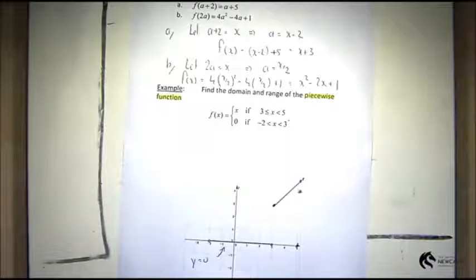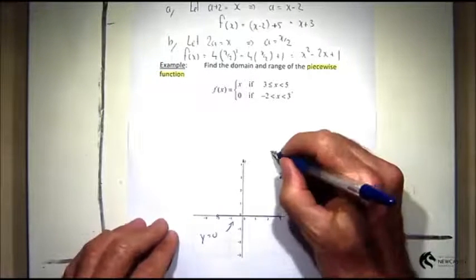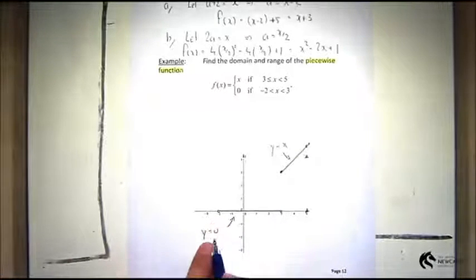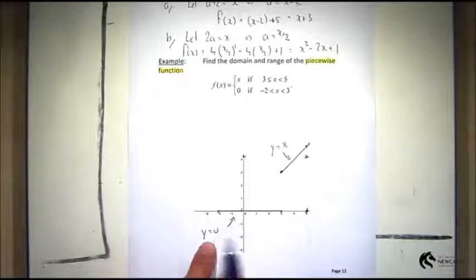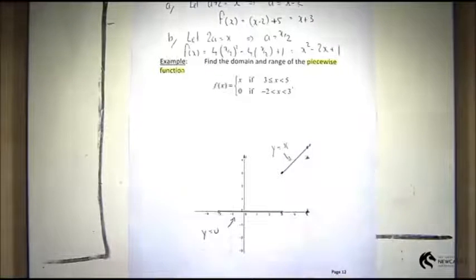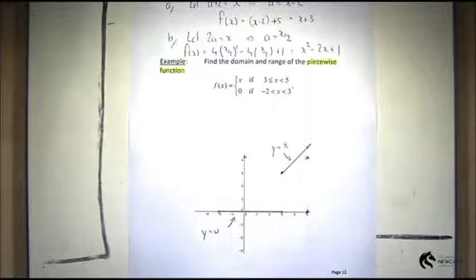Notice in here, this is y is equal to x. So on this part of the domain, the rule is y is equal to 0. On this part of the domain, the rule is y is equal to x. The important thing to notice here, at x equal to 3, for this to be a function, there can only be one value associated with each value of x that's used.